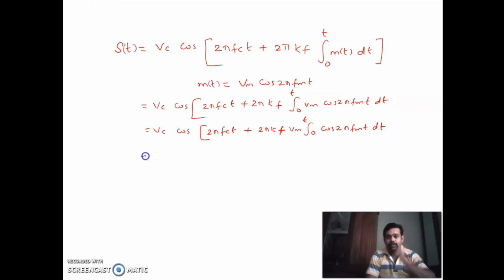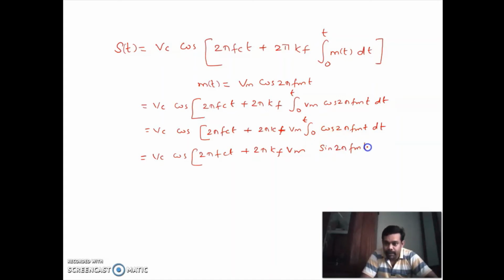Now Vc cos 2 pi Fc t plus 2 pi Kf Vm. Integration of cos 2 pi Fm t dt is nothing but sin 2 pi Fm t divided by 2 pi Fm, and we put the limit 0 to t.